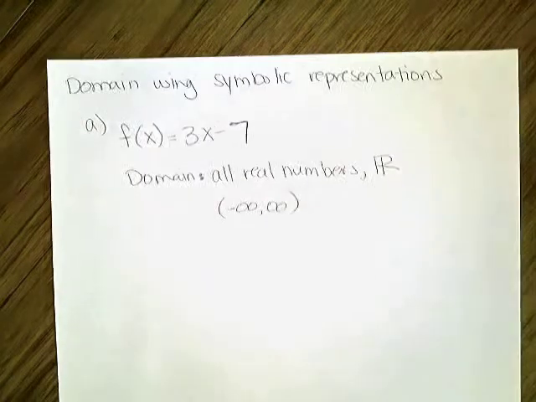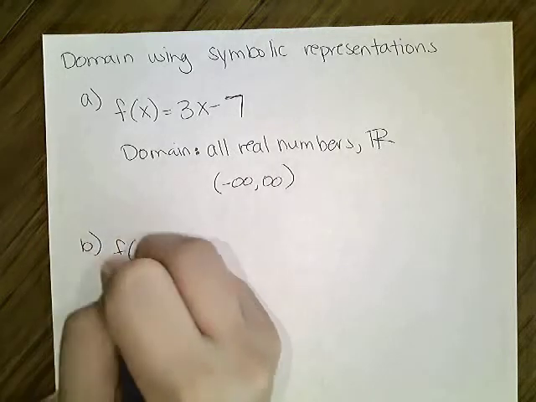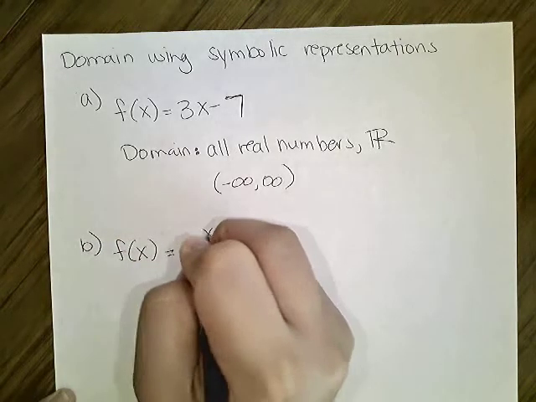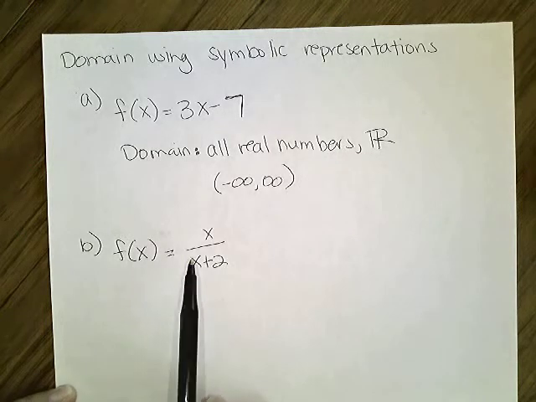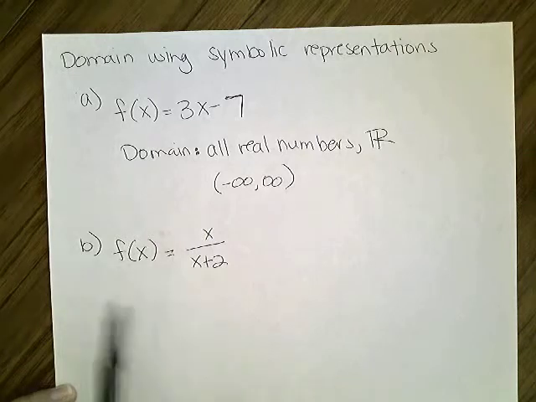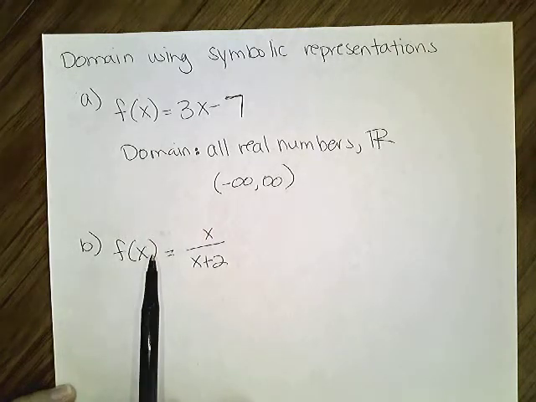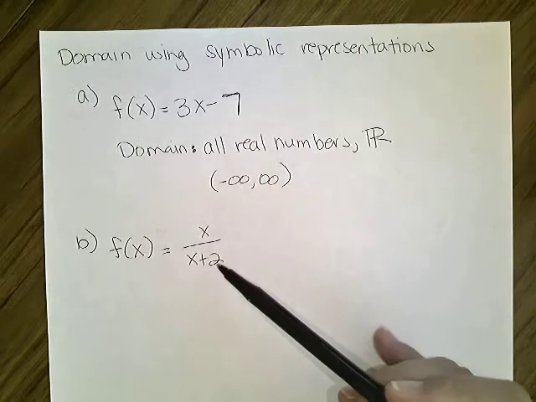Okay. Now what if we had a different function? What if we had a function f of x equals x over x plus 2. So here we just worked with rational expressions like this, a fraction, and we had one limitation for plugging in for x, and that dealt with our denominator.